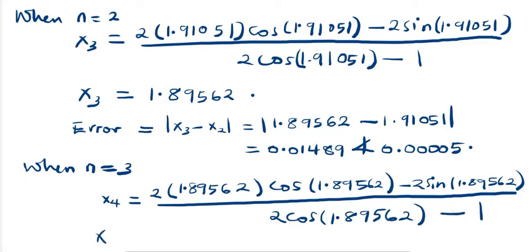So when you compute this value on our calculator, x4 is equal to 1.89549. When you look at these values, x3 and x4, they seem to be so close. We can't just conclude that the error between them is less than 0.00005. So that means we have to go ahead and check for the error.